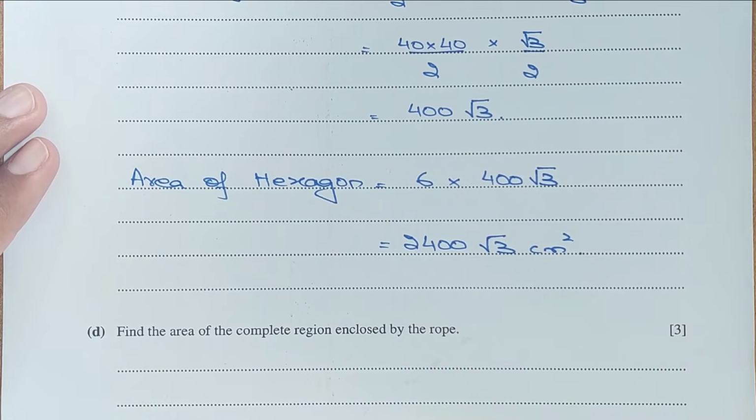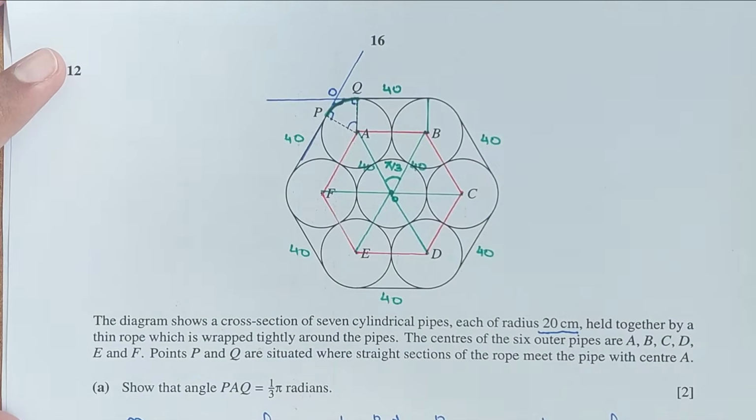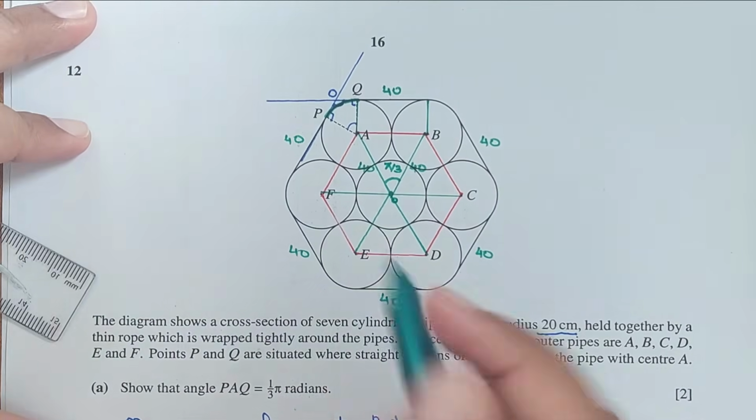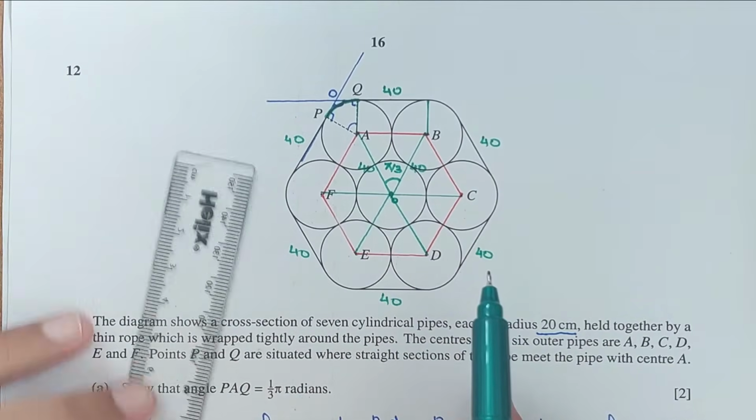Now for part D, find the area of the complete region enclosed by the rope. Okay, the area of the complete region. So we have the area of this hexagon. We have to find the area of this outer one.